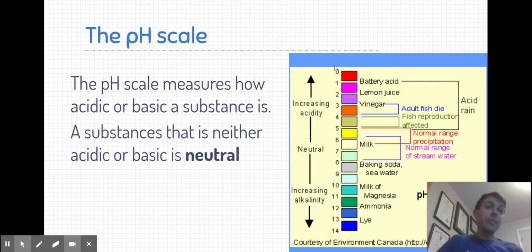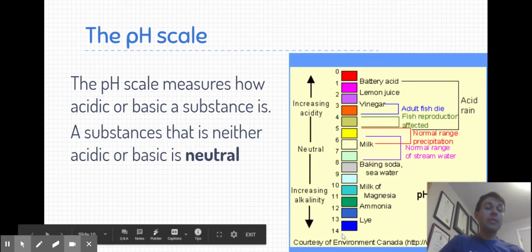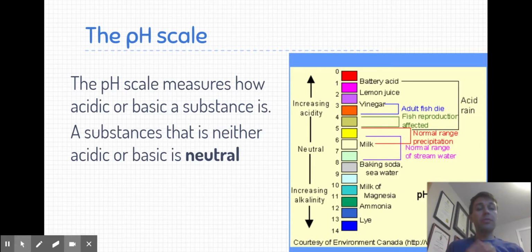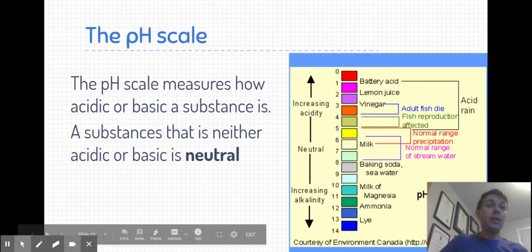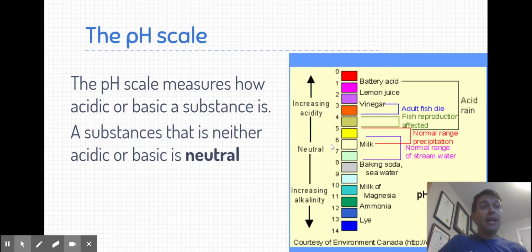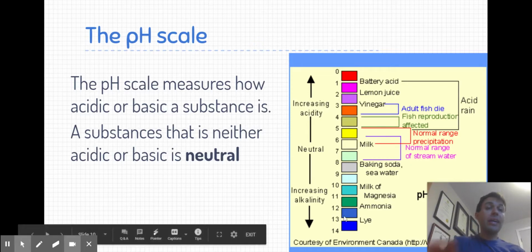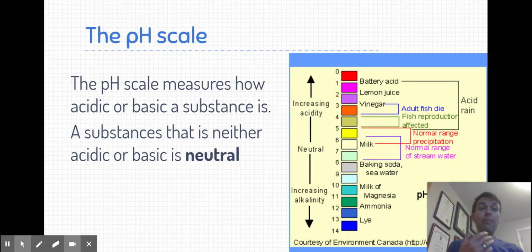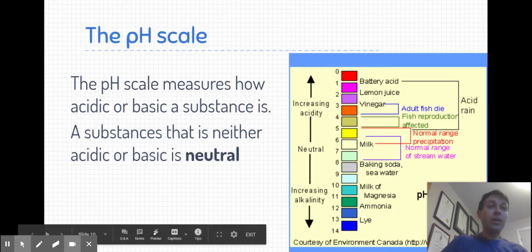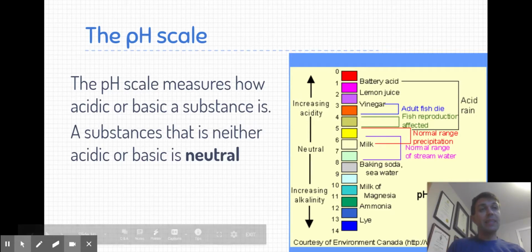The pH scale typically is listed from 0 to 14 because most common chemicals fall in that range. Substances which are neither acids or bases are referred to as neutral, and they have a pH of 7. As we move to higher and higher numbers, we increase in terms of how basic a substance is. And then going in the reverse direction, going closer and closer to 0, we become more and more acidic.